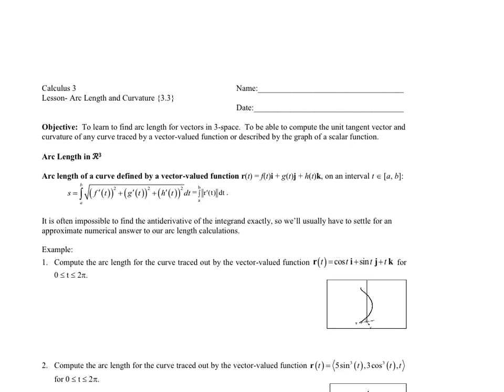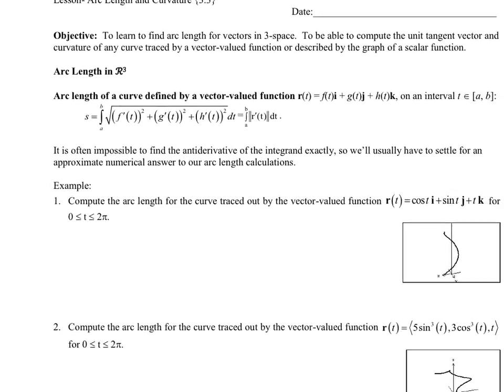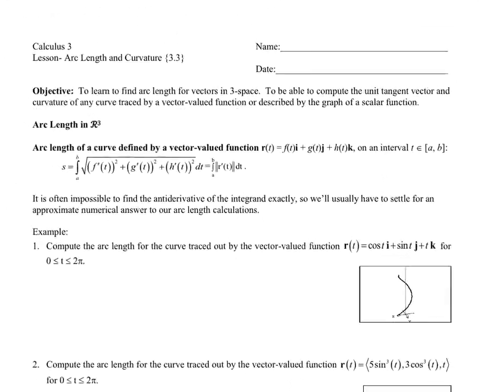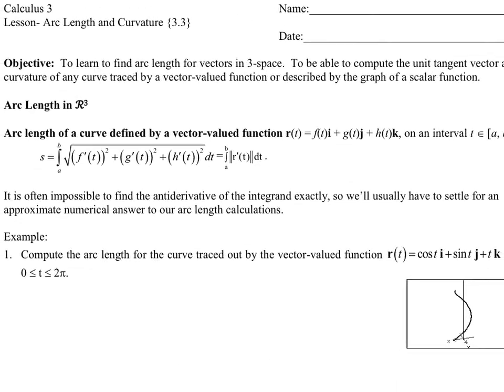Maybe the small circles have a different number than the large circles. So these are some things that we'll get into. But before we do that, we need to talk about arc length. The good news is, it's nothing new, and that's why I can do it in a couple of minutes without rushing it.